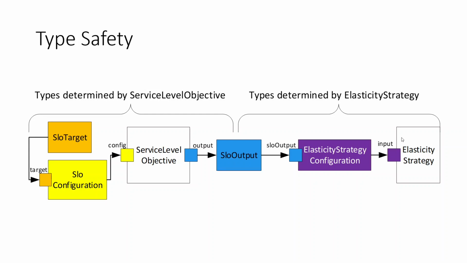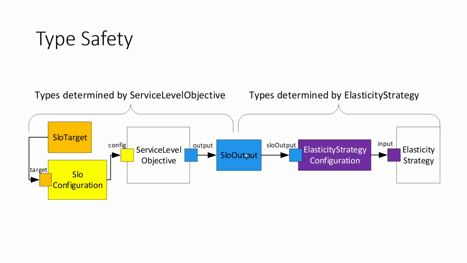And if we have this type of SLO output, then we can use the SLO with any elasticity strategy that supports this SLO compliance value as input. Of course, you can have different types of SLO outputs. So if you have an SLO that's specific to a very complex application, you might want to store additional parameters in the output and create a new SLO output type for that.